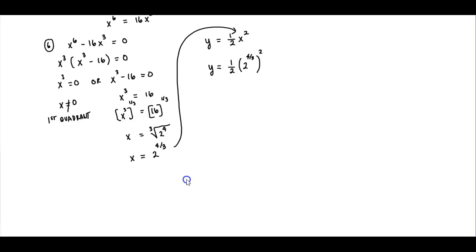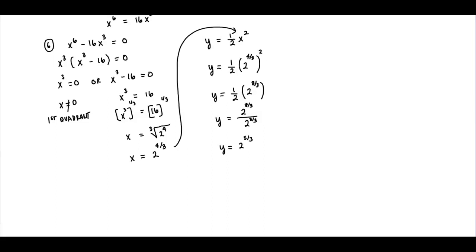So what does that equal? y is going to equal 1/2 times 2 to the 8/3. Remember that if you're dividing 2 to the 8/3 by 2, that's the same thing as 3/3 for the exponent. If you subtract exponents, then y is going to equal 2 to the 5/3.